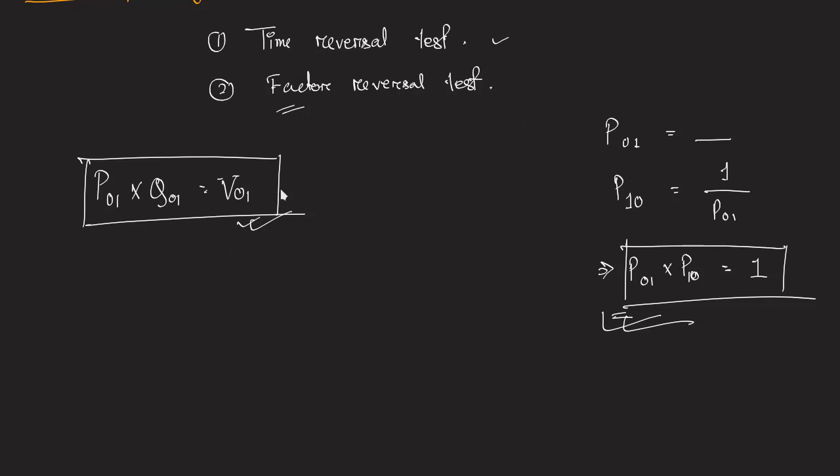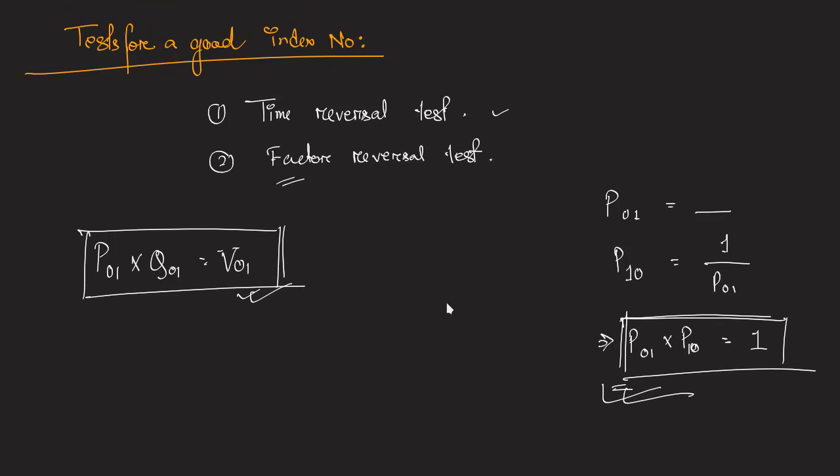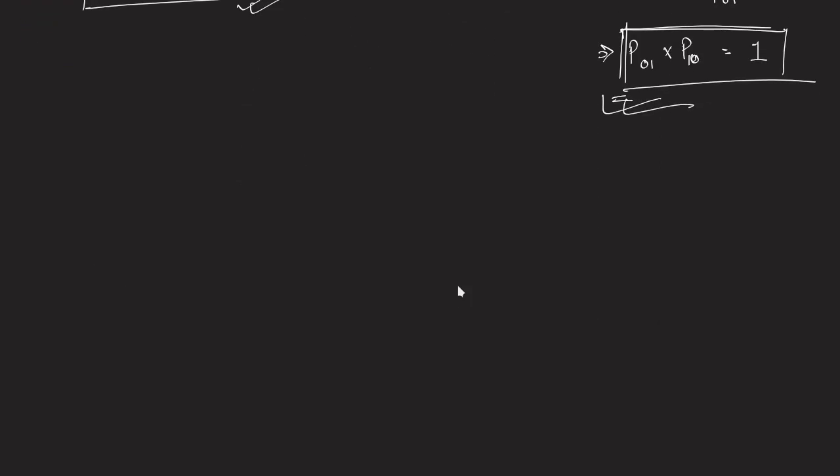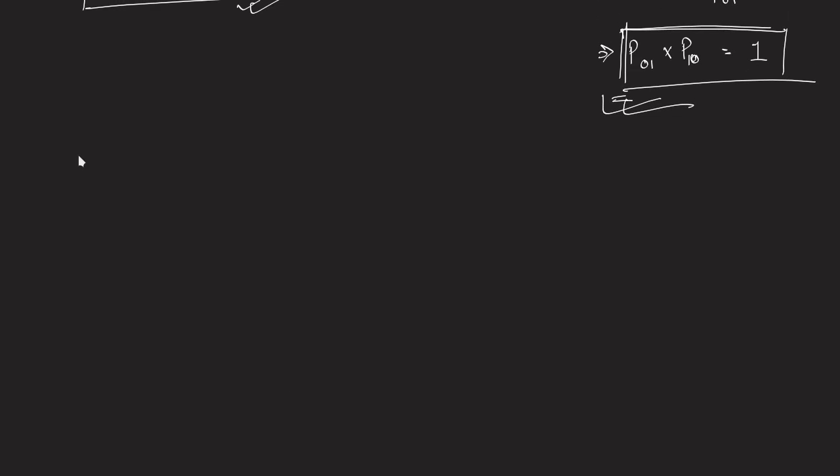So if your formula passes both these tests, we will consider that formula the best formula, right? So let's try the time reversal test and factor reversal test, and see which tests your formulas pass and which they fail, right? We will start with the time reversal test.